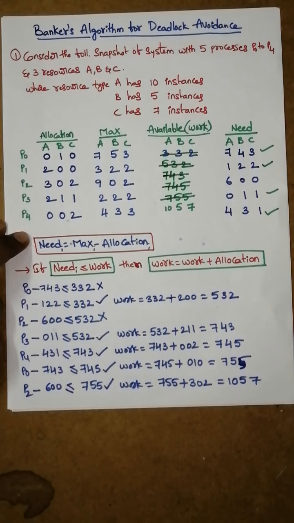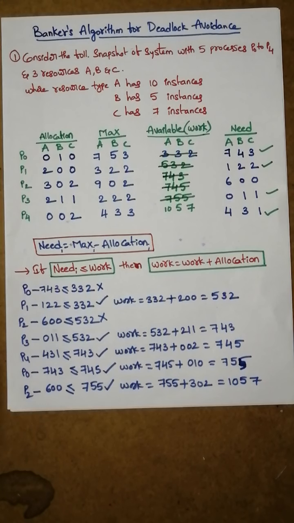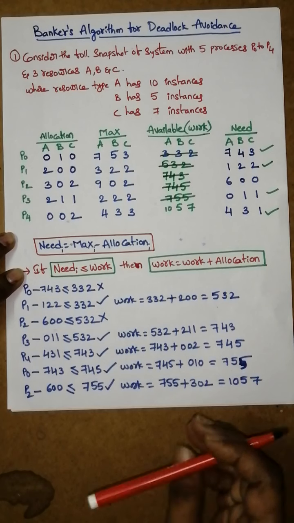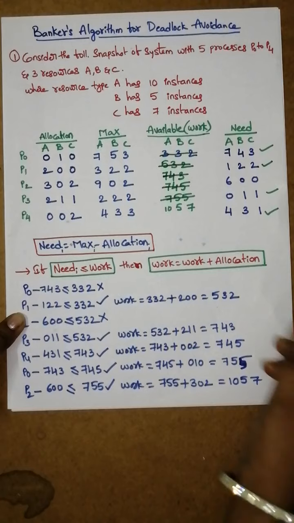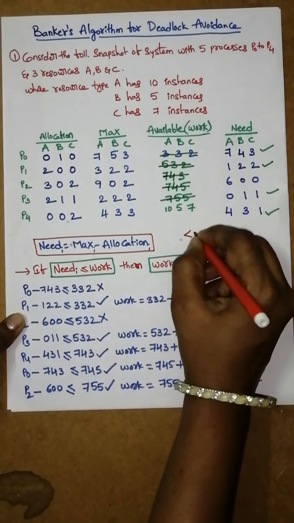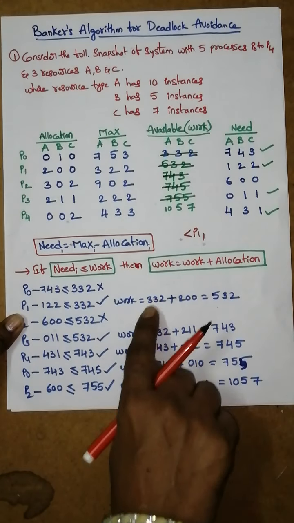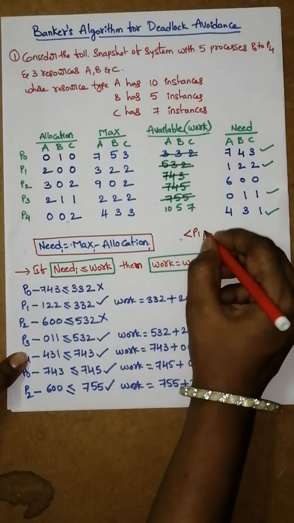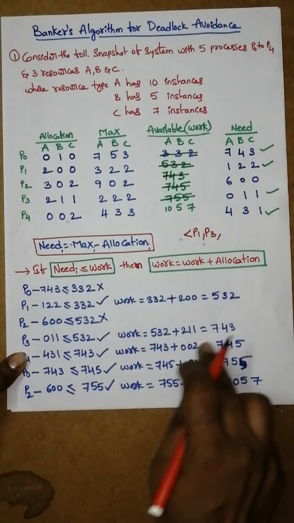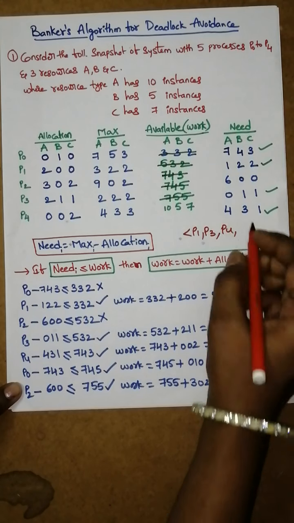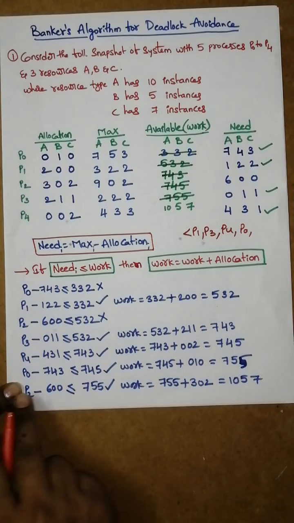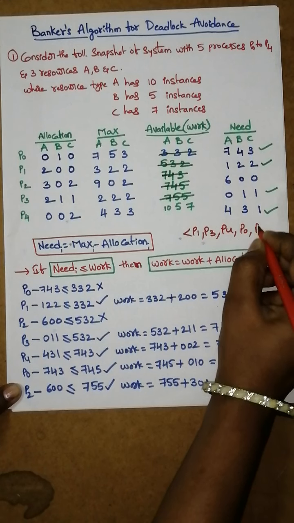Now in this algorithm we have seen the sequence of execution. Let's write down the sequence in which you have executed. The first one to execute is P1. So we executed P1, then P3, then P4, then P0, and finally P2.